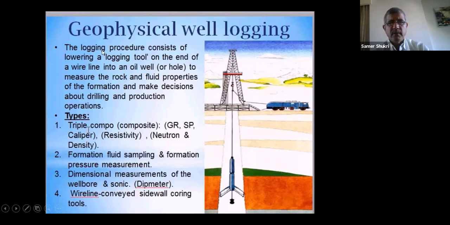You see it? The logging procedure consists of lowering a logging tool on the end of the wire line into an oil well or hole to measure the rock and the fluid properties of the formation and make decisions about the drilling and production operations. You see, the types also we repeated.